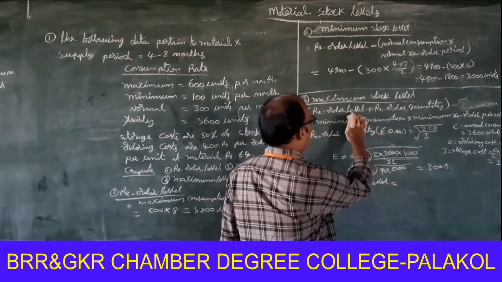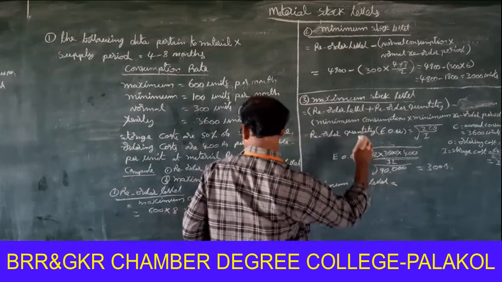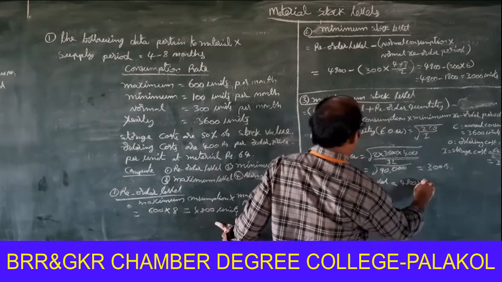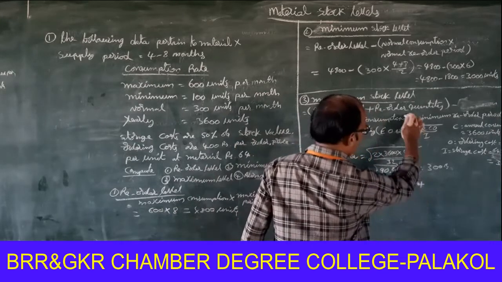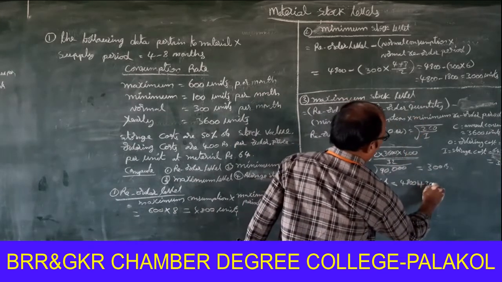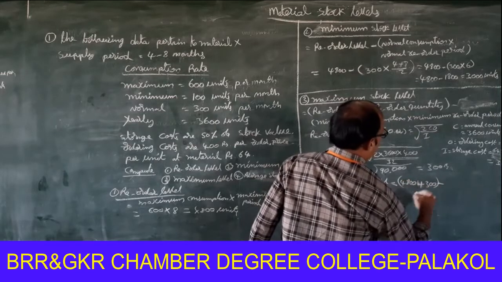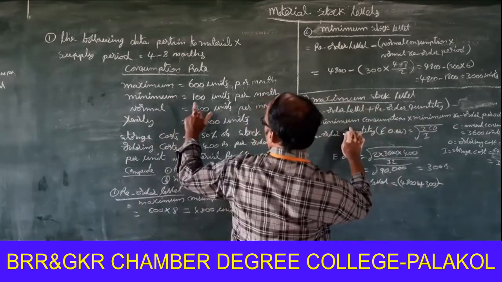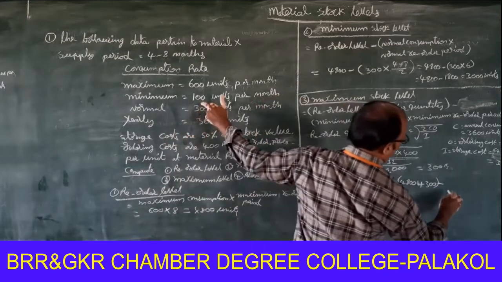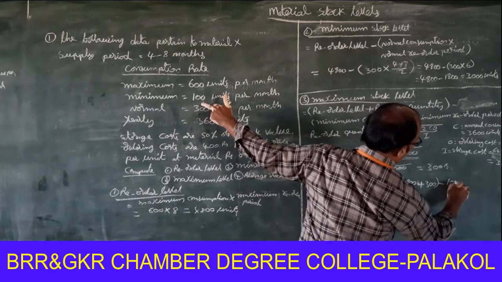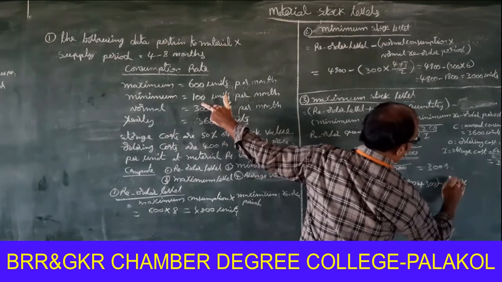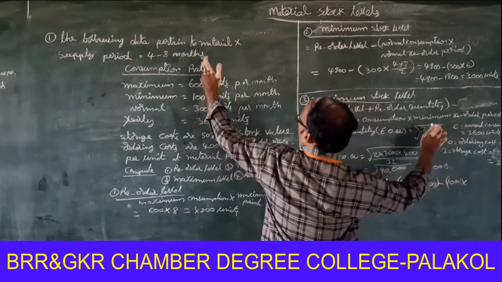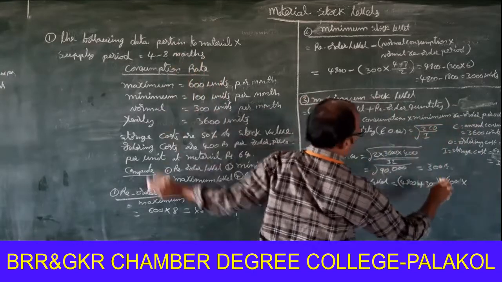Next one, maximum stock level. Reorder level, how much here? It is equal to 4800 plus reorder quantity 300 minus minimum consumption. How much minimum consumption? 100 into minimum reorder period, 4 months.